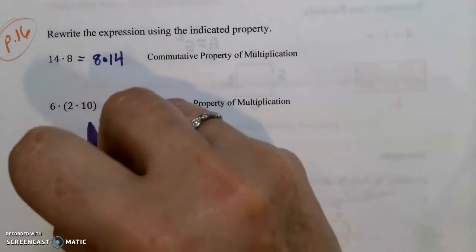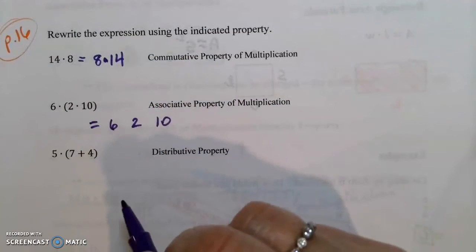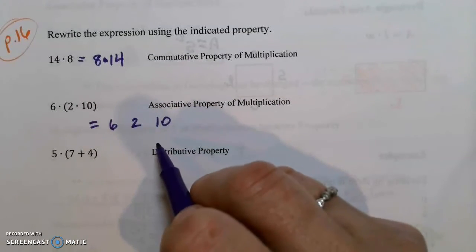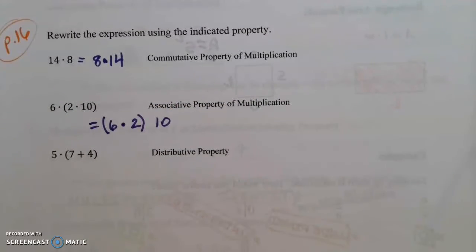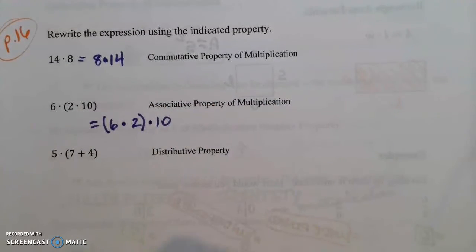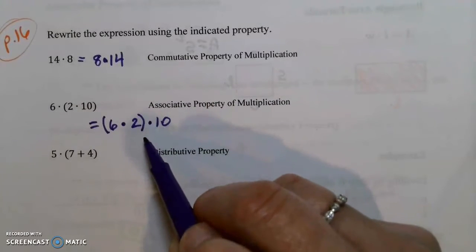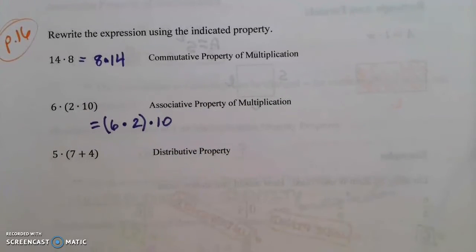Associative property, remember we're going to keep the numbers in the same order, but instead of grouping the last two together, we're going to group the first two together. So I'll do the 6 times 2 in parentheses, and then times 10 there. Now, this one, you wouldn't have to put this one there because the parentheses would be implying the multiplication, but it just makes it a little clearer in this situation where we're talking about the properties.